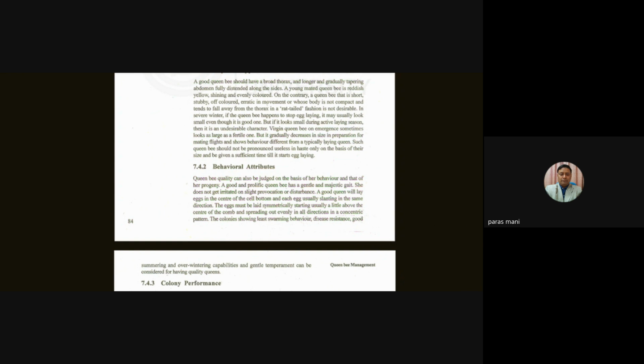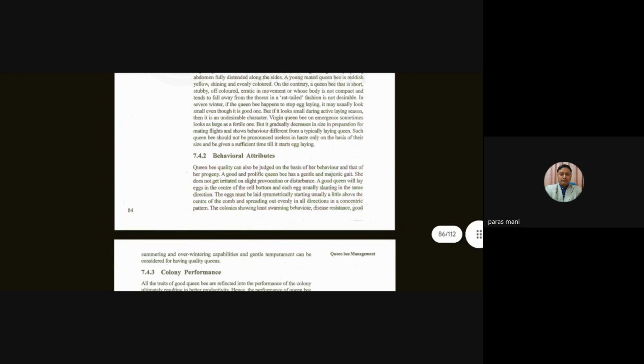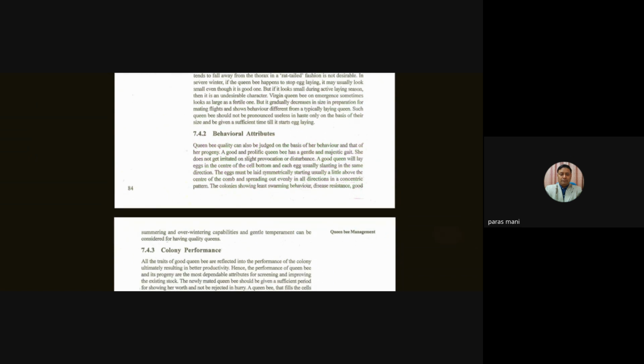Virgin queen bees on emergence sometimes look as large as a fertile one, but the size gradually decreases in preparation for mating flights, and they show behavior different from a typical laying queen. Such queen bees should not be pronounced useless only on the basis of their size, and should be given sufficient time until they start laying eggs.